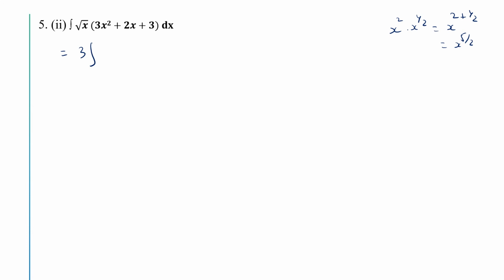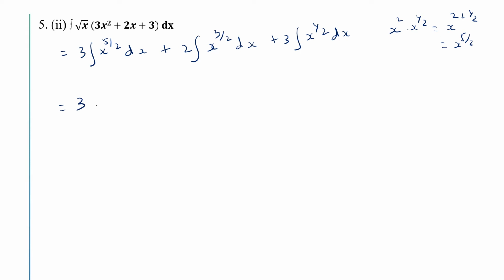So 3 integral x raised to 5 by 2 dx, then plus 2 integral x into x raised to half is x raised to 1 plus half, it is 3 by 2 dx, then plus 3 integral root x dx is x raised to half dx.